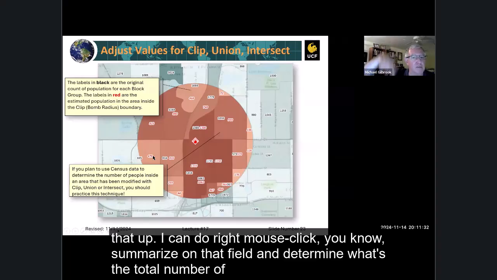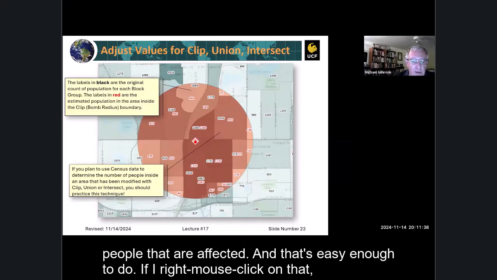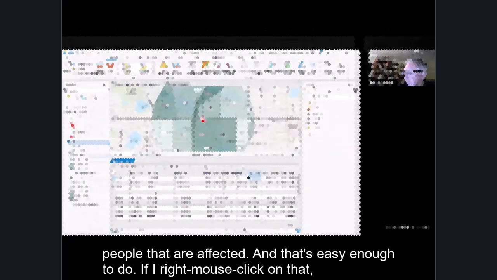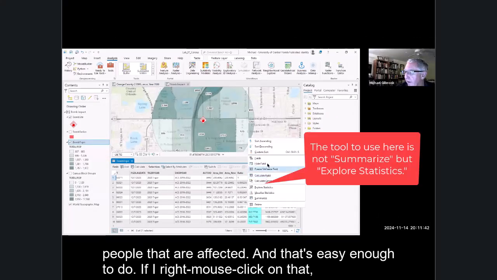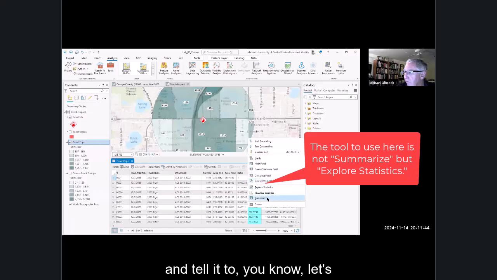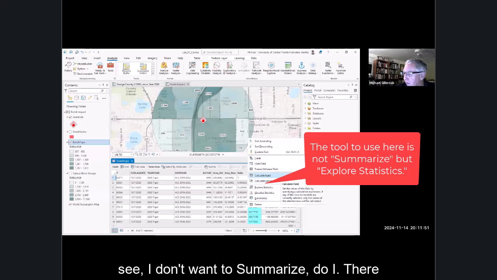I can right mouse click, summarize on that field and determine the total number of people that are affected. That's easy enough to do if I right mouse click on that and tell it to, let's see, I don't want to summarize, do I?